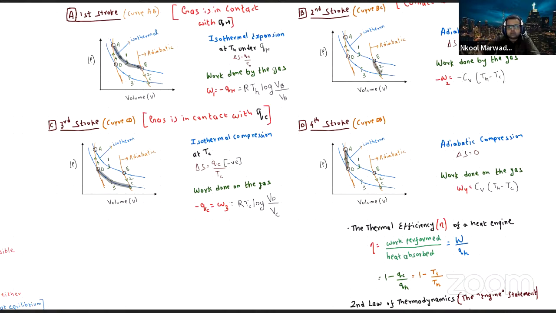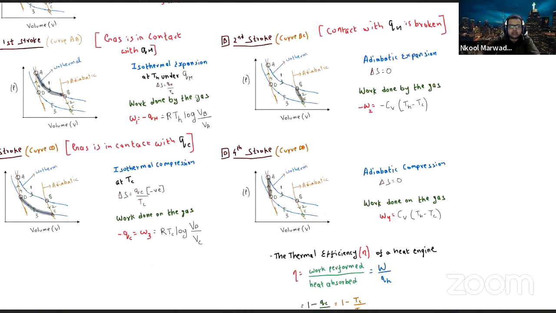And in the fourth stroke, the contact with QC is broken. And this is how that engine works. The Carnot engine works in four strokes.